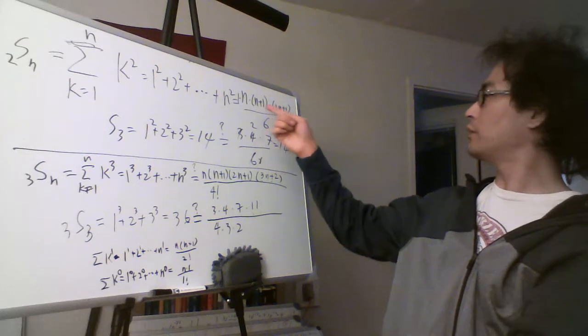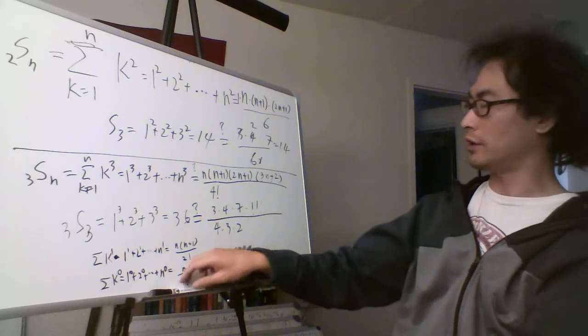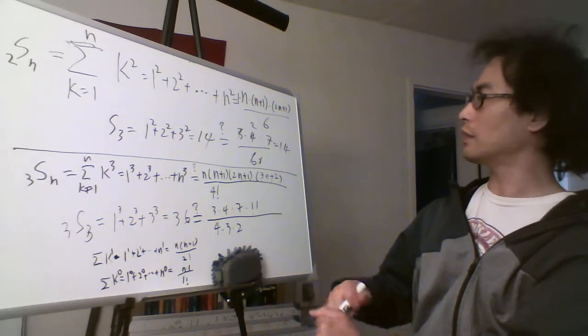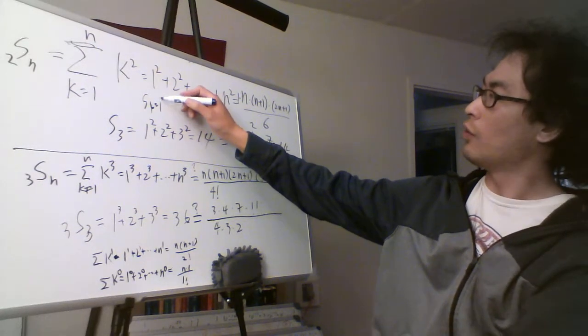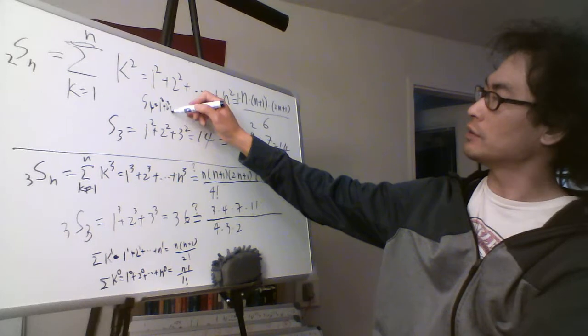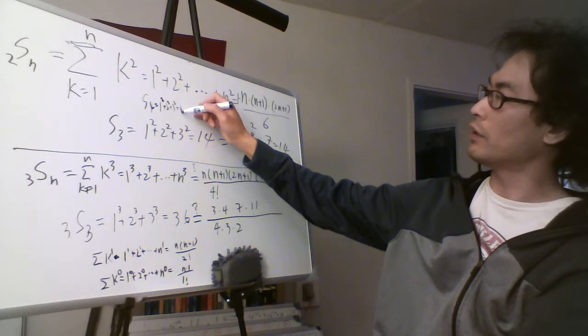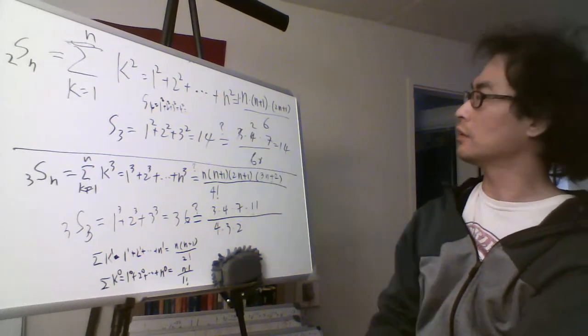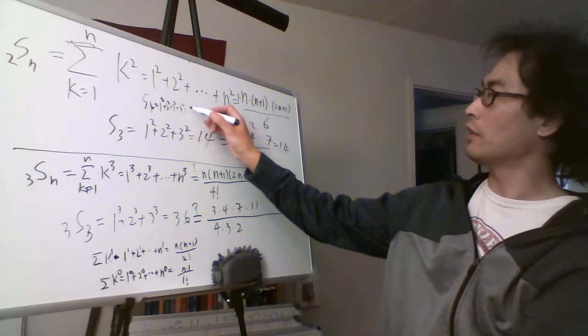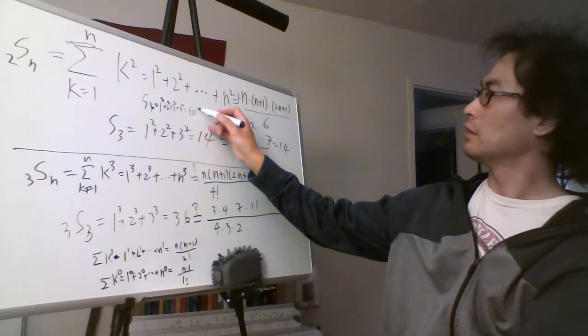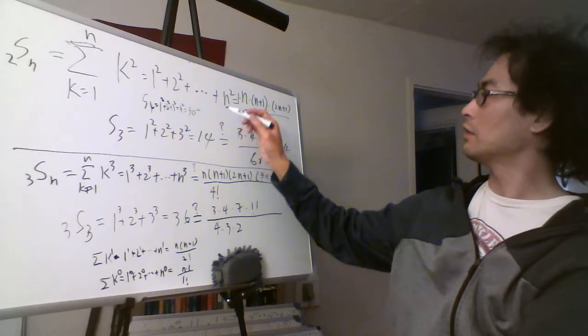Okay, well, what if this guy when n is equal to 3? Is this formula correct? Well, how about S4? 1 squared plus 2 squared plus 3 squared plus 4 squared is equal to what? 14 plus 16, 30, right? Is this same as what?